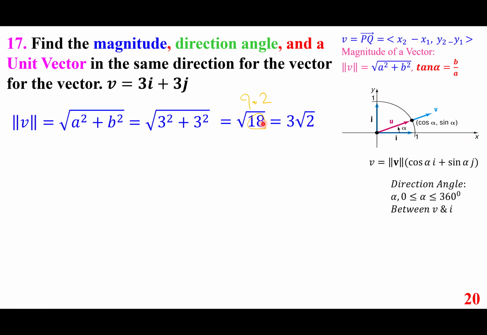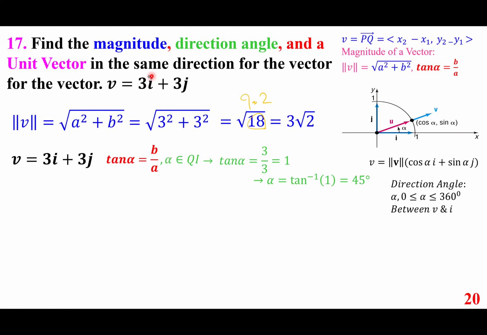Let's find this angle, following that tan of alpha is b over a, in this case 3 over 3. It's obviously in the first quadrant, and alpha is tan inverse of 1, which is 45 degrees or pi over 4.